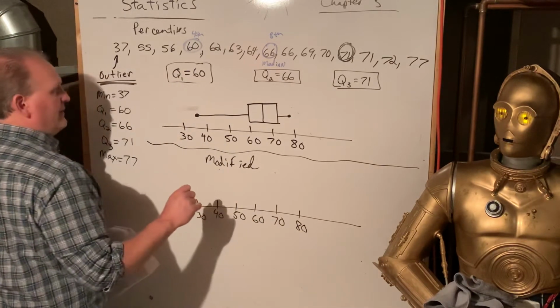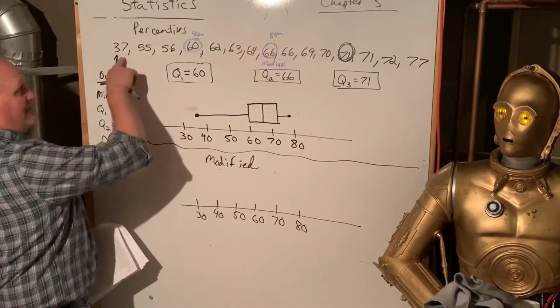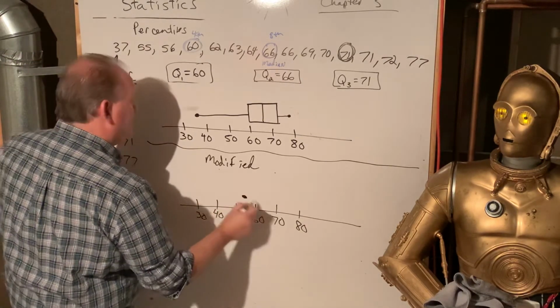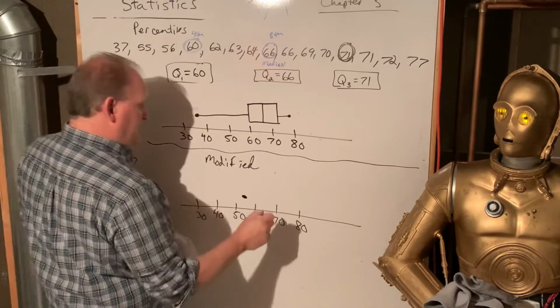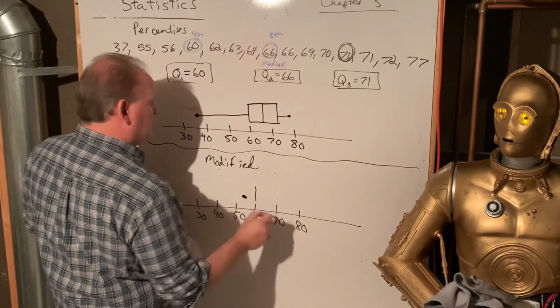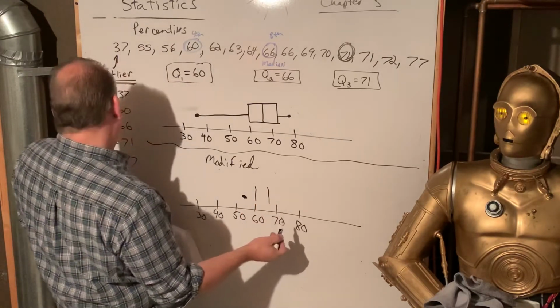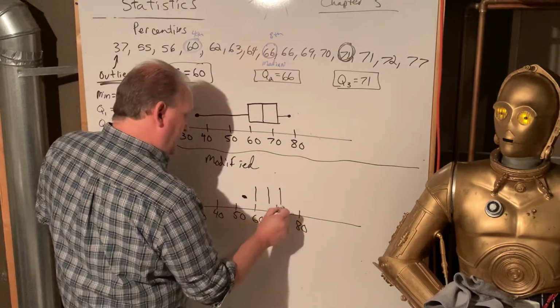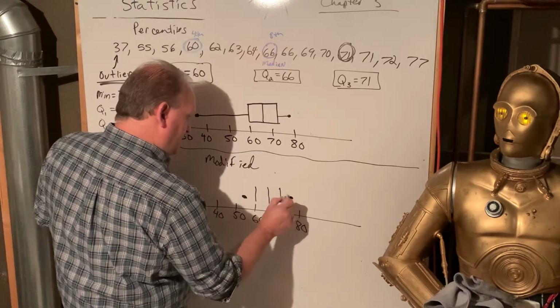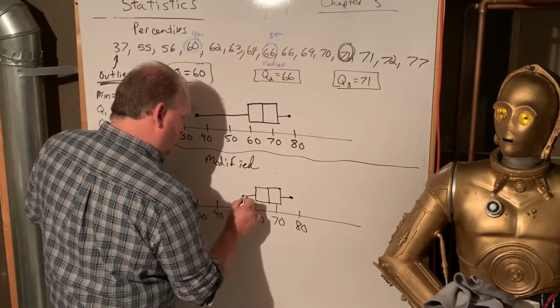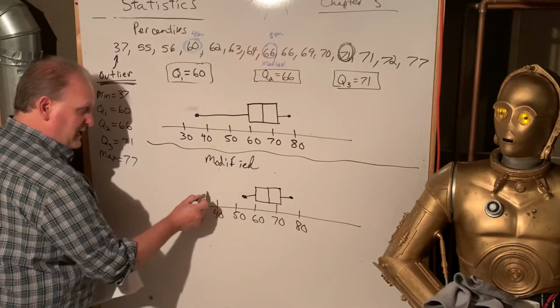And then instead of starting with the 37, that's an outlier, so we actually hold that out. We start with the 55, and then we put in all the rest of our data. So 60 and 66 and 71 and 77. And now look, that looks a little more symmetric, and now for the modification, here comes the modification.